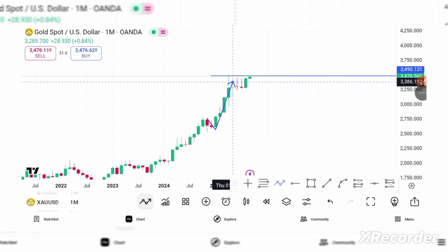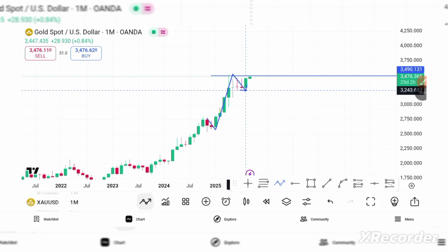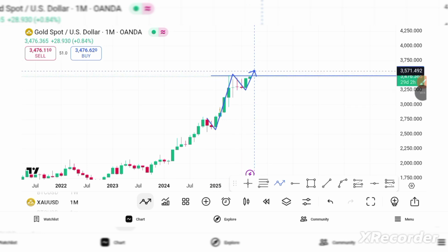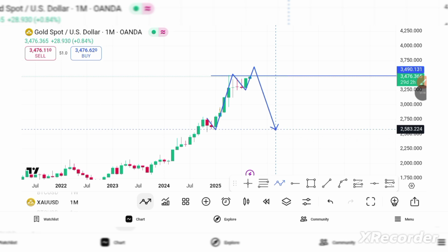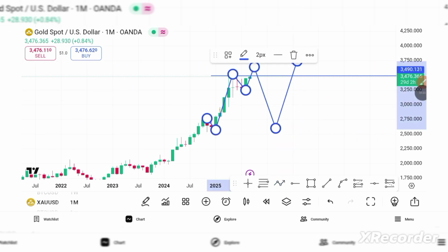So now I think sellers have dominated the market. Buyers want to take out the liquidity above this high and trade to this other block. After that, they give us room to move to the upside.